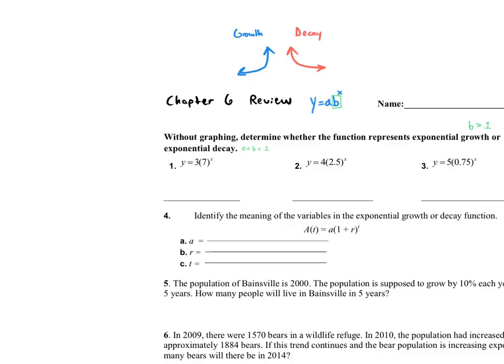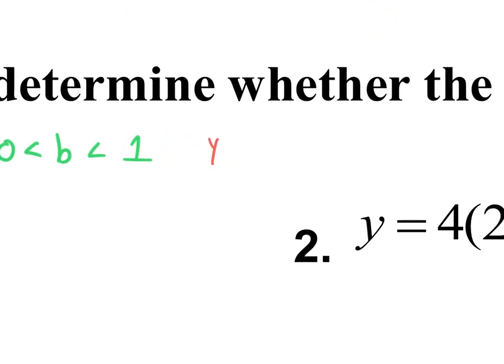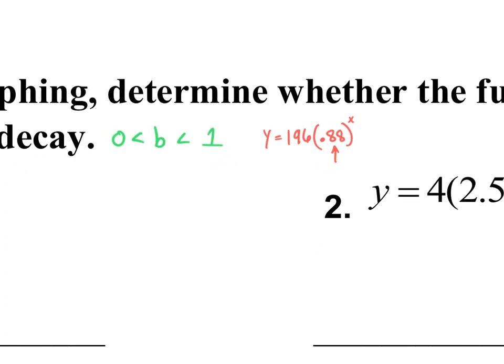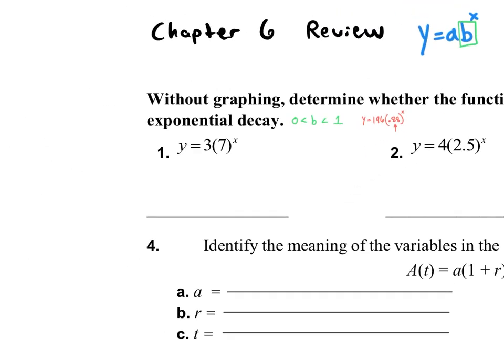That was growth. One of the decays we looked at was that cup of coffee that was at somewhere around 196 degrees, and it was losing, I'm just going to make it up here, 12% of its heat over time. That is decay, because we're only keeping 88% of our previous value.